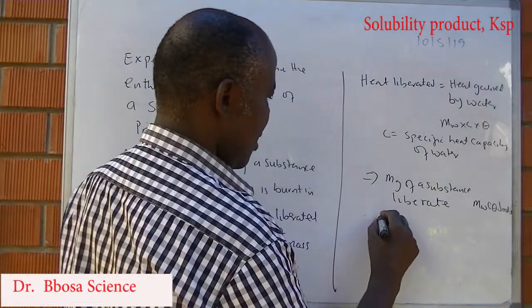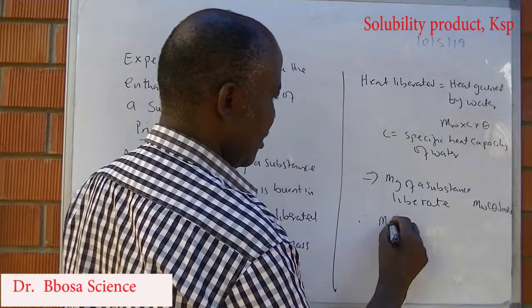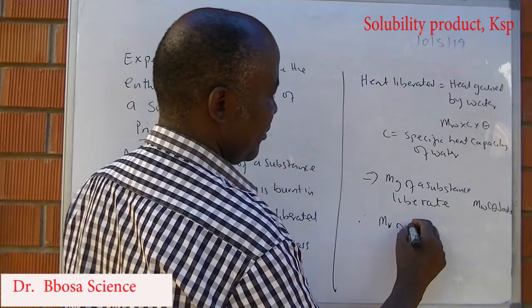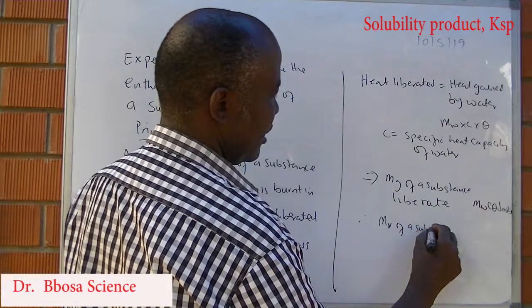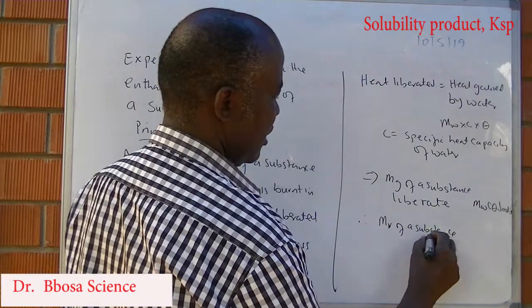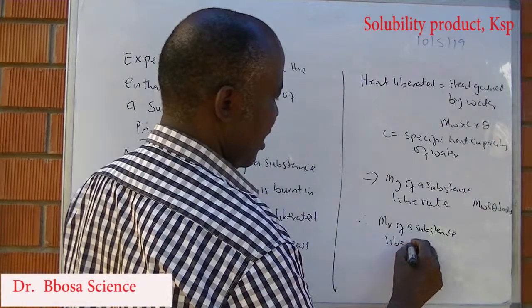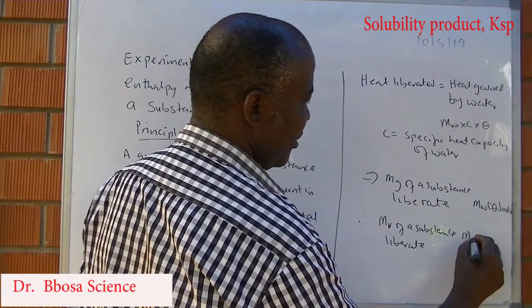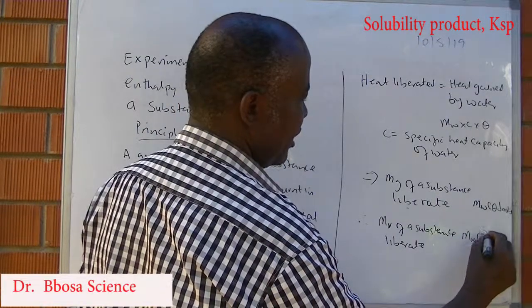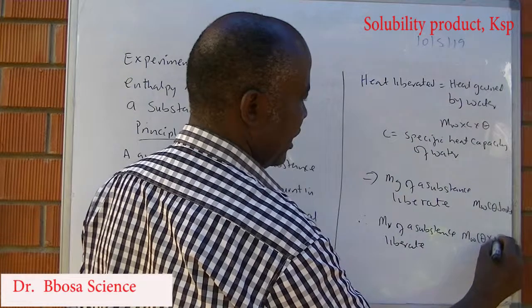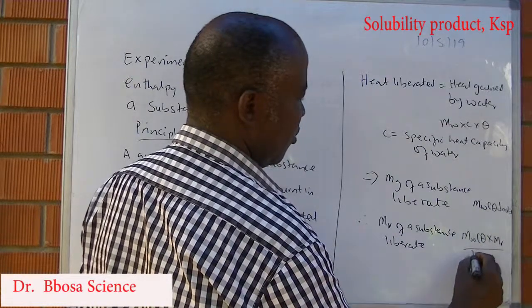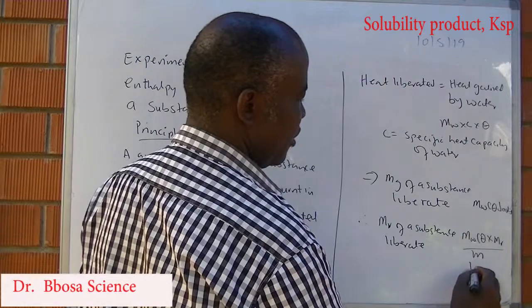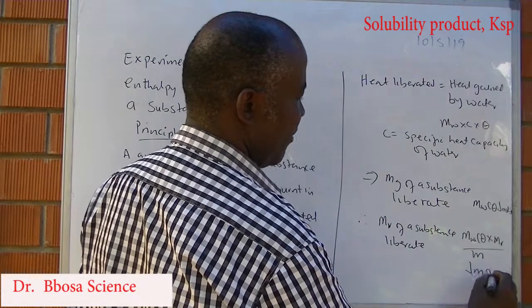Therefore, the molecular mass of a substance will liberate mw c theta times Mr over m, that is joules per mole.